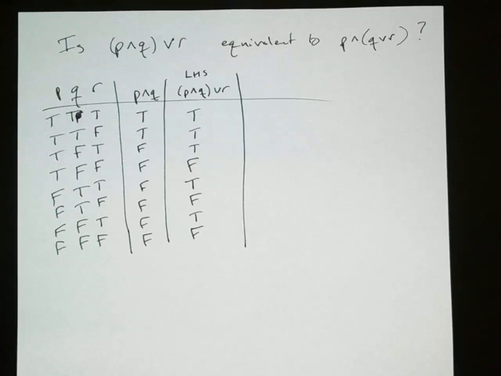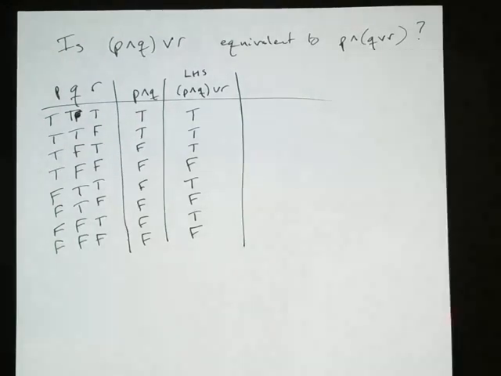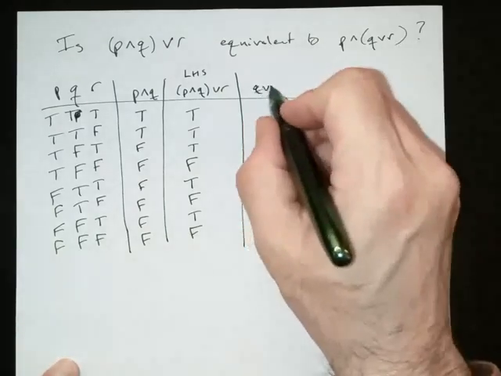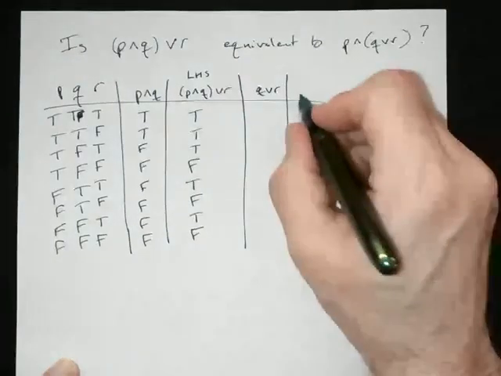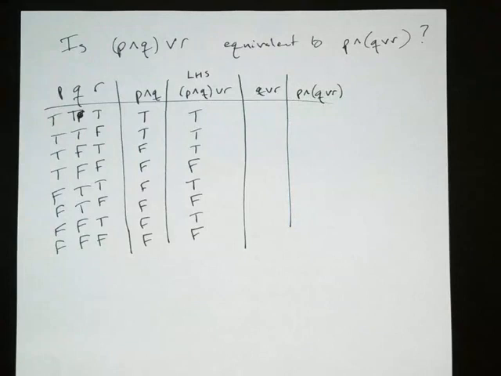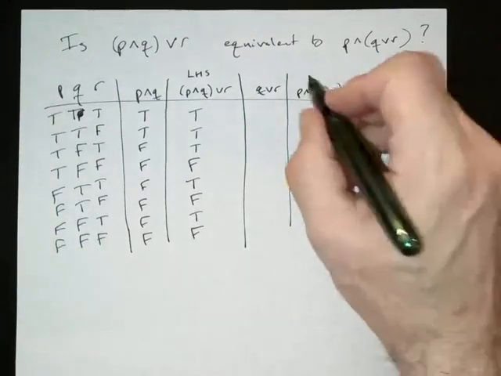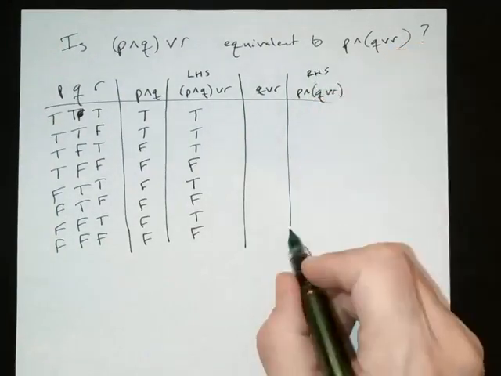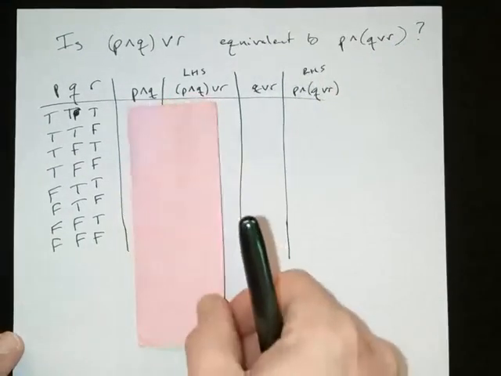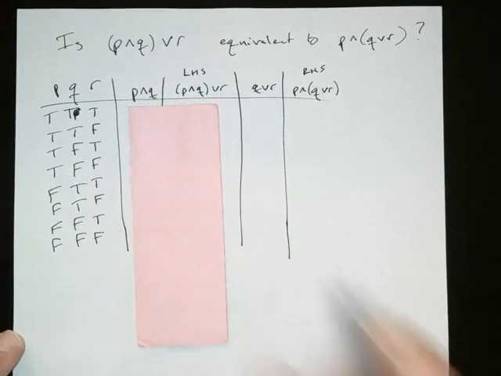So, if there are no questions about this part, let's build the right side. The right side is going to be this piece, which means I start with Q or R. Start with the parentheses. And then I'll and a P outside of that. This will be my right-hand side. Again, I don't need to look at these anymore.